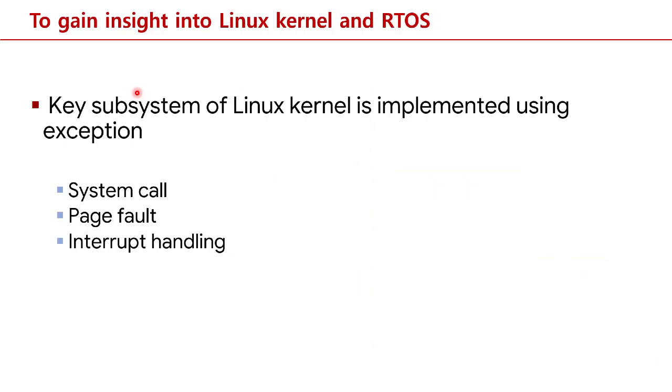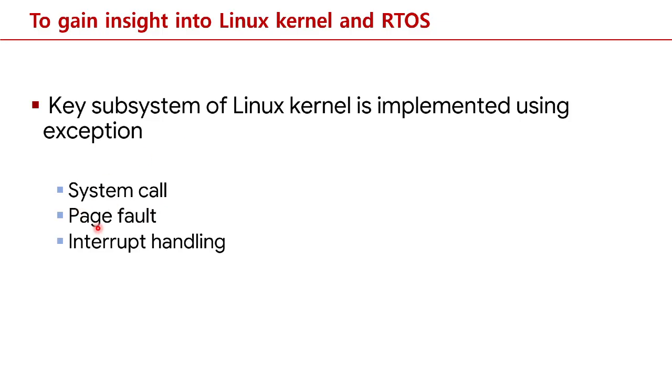So if you look into the key subsystems of Linux kernel, the important interface is specific to the CPU architecture. If the Linux kernel is based on the RISC-V processor, the critical and important interface is specific to RISC-V architecture.